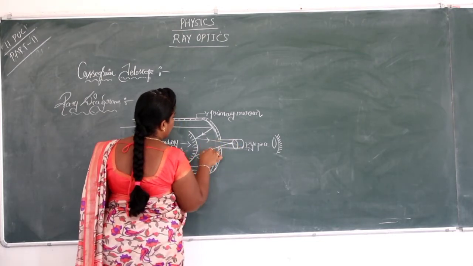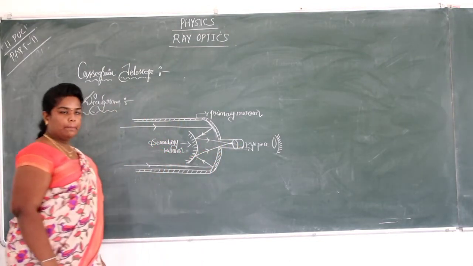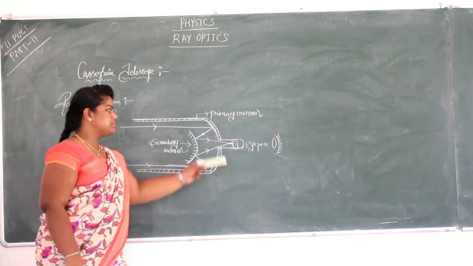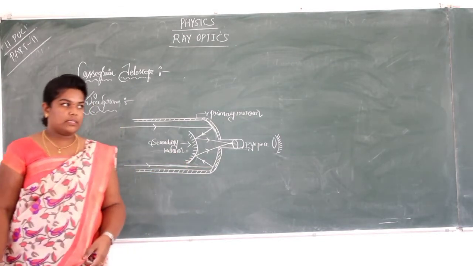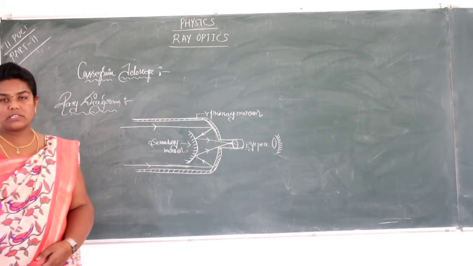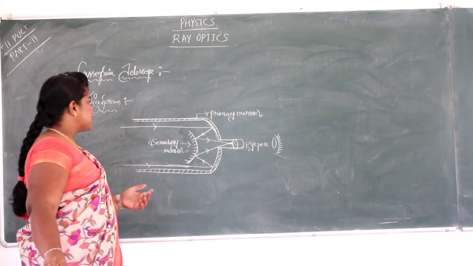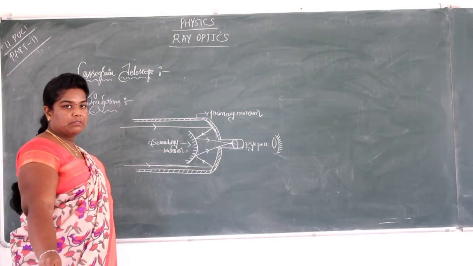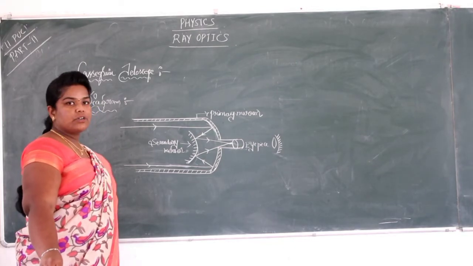The reflected rays pass through the eyepiece, and the observer observes the image of the distant object.